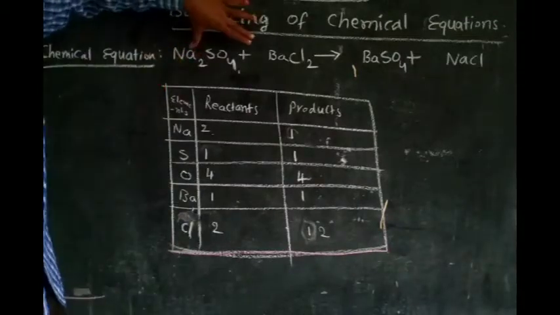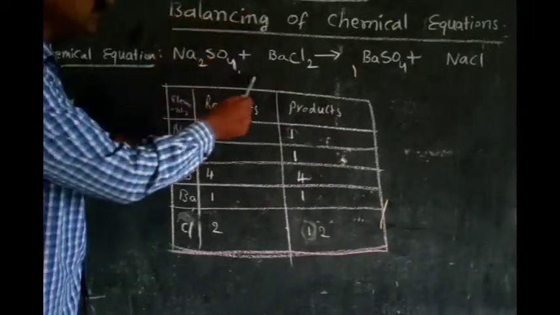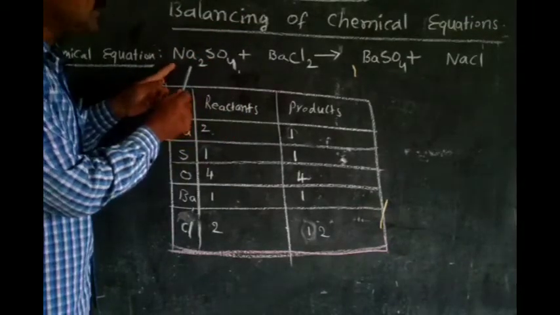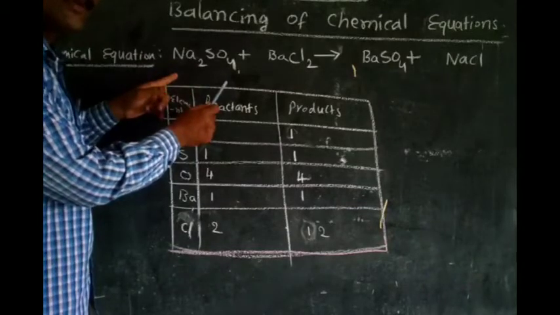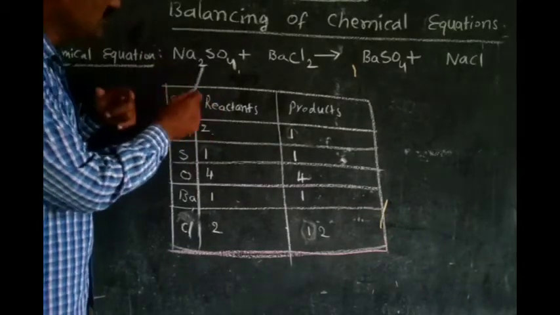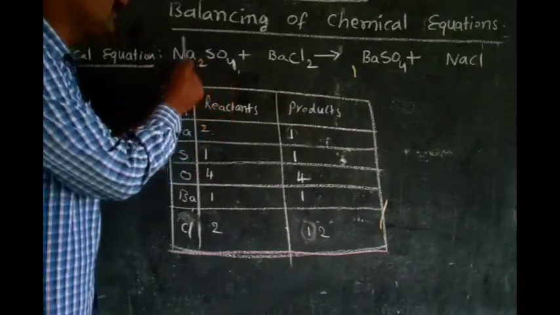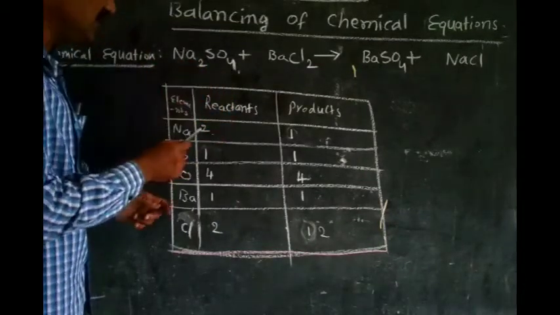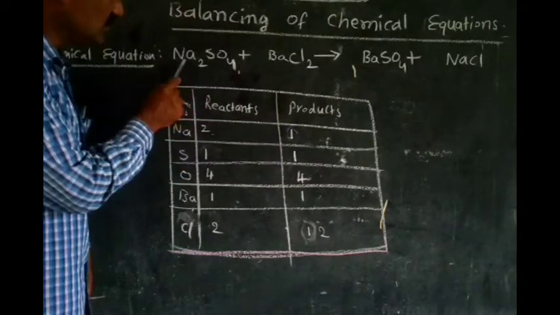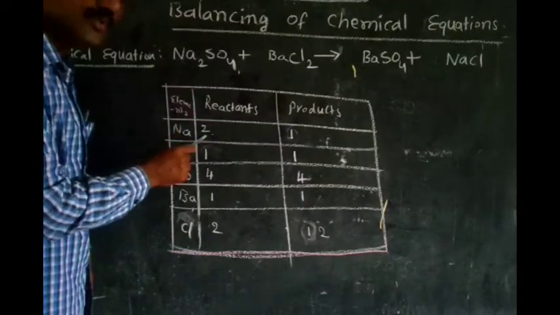In the reactants, sodium is there in sodium sulfate, but two atoms of sodium are there in the formula of sodium sulfate. That's why in the reactants, sodium atoms are two.